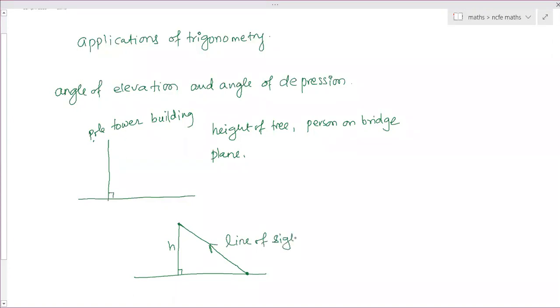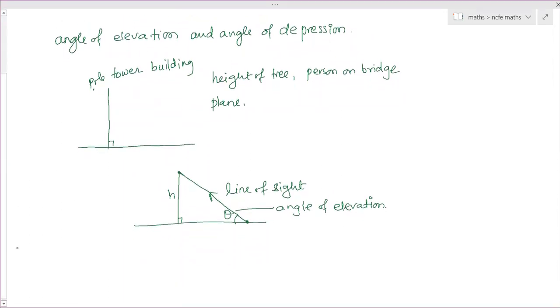So when you look upward, the rays reaching your eyes form a straight line. So this line makes some angle with the ground. That angle is called the angle of elevation. This angle is the angle of elevation because this is the line when you are looking upwards, so the word is elevation. Okay.